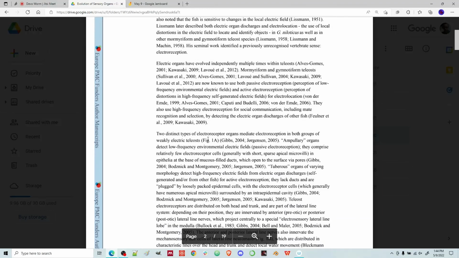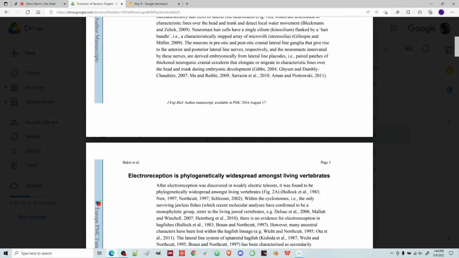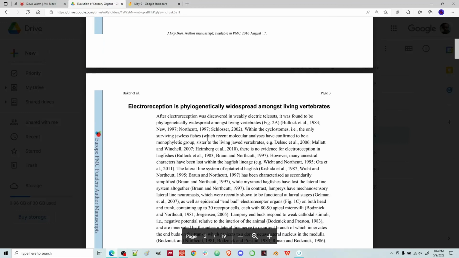And so this kind of is a review of electroreception, and it was first discovered in weakly electric fish, which are freshwater fish in the tropics. And there are a lot of different species. And then they found this in other types of living vertebrates. Different systems, though. The systems have diversified.